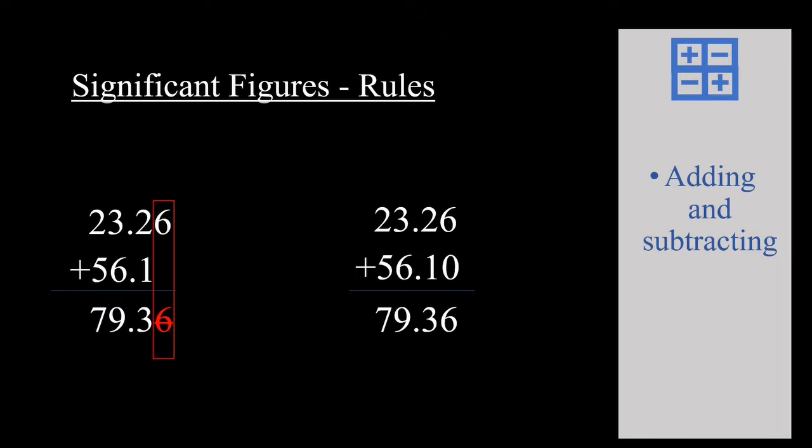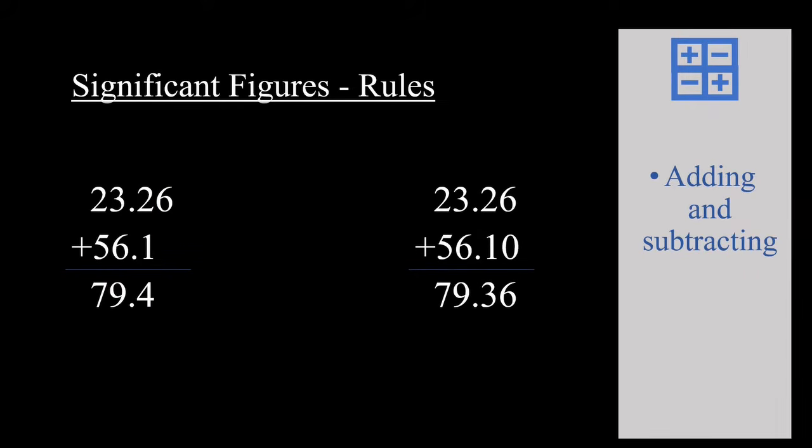So the 6 in the result should be dropped. And since the 6 is greater than 5, anything greater than or equal to 5, we have to round the number and increase the digit before it. Now the 6 is greater than 5, so the number becomes 79.4.